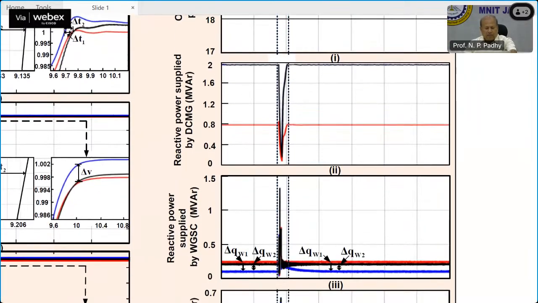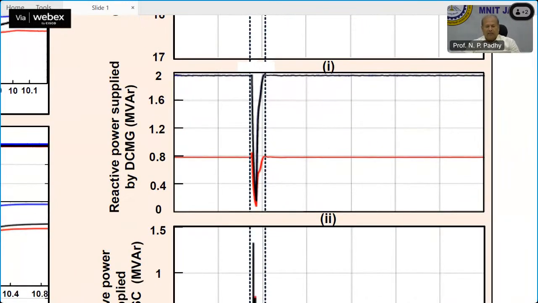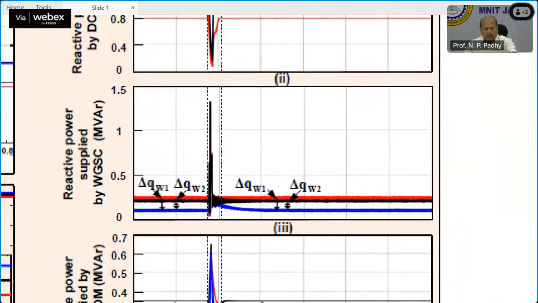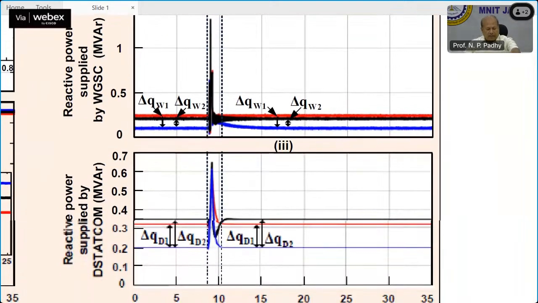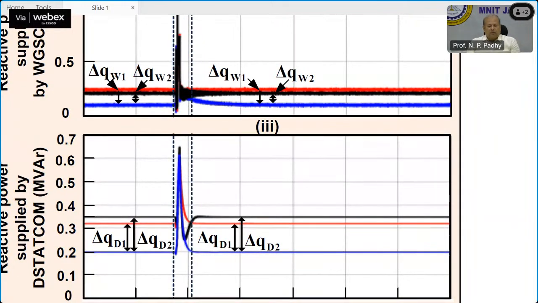The reactive power supplied by the DC microgrid is not enough. However, the wind is providing reactive power, the blue one. Could you see? There is a small supply, and the STATCOM is more active here. The STATCOM is also helping with the reactive power supply.